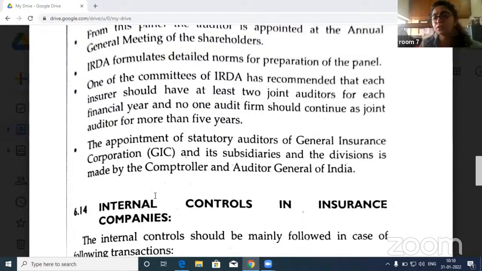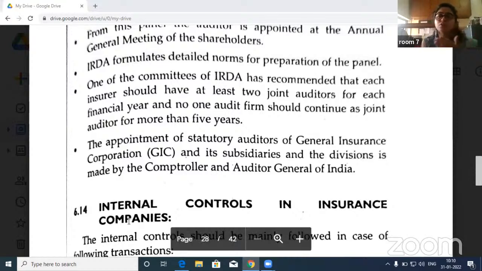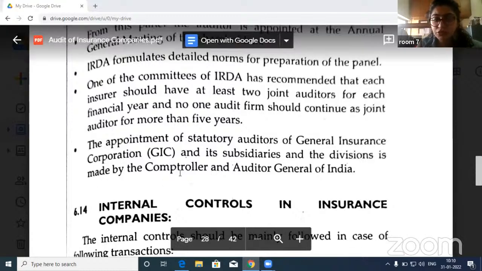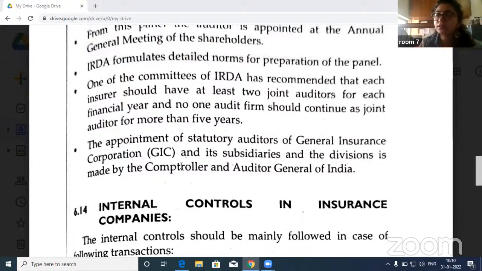This is an institution wherein there are qualified auditors, and this particular institution gives you good, qualified auditors. Getting my point? So this institution is responsible to appoint good and qualified auditors for reputed companies. Getting my point? Yes, ma'am.